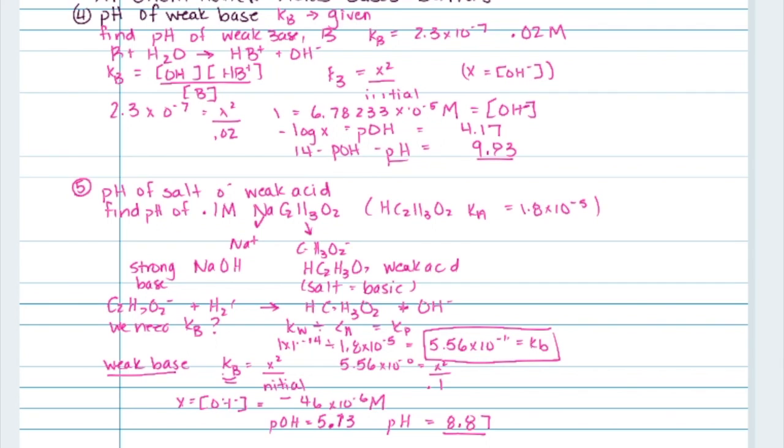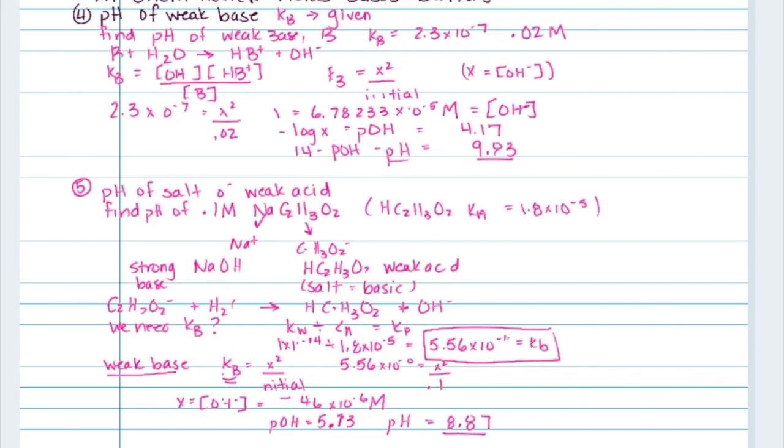Ammonium chloride comes from ammonia, which is a weak base, and hydrochloric acid, which is a strong acid. So the chloride will not contribute to the pH, but the ammonium will act like an acid.